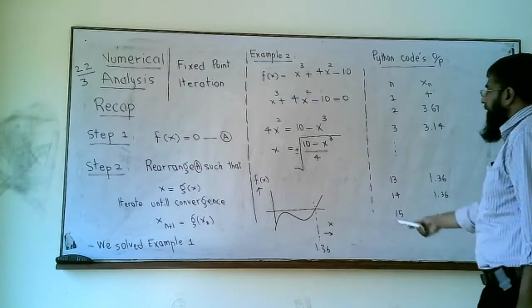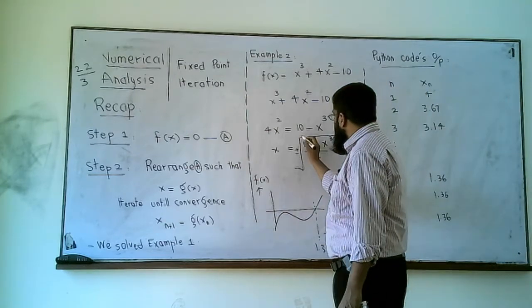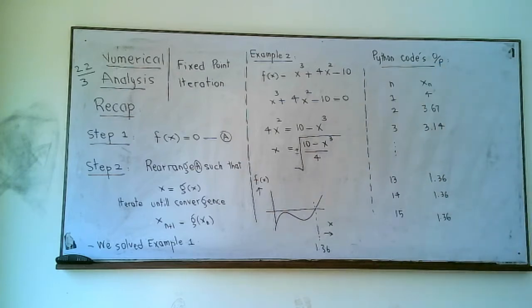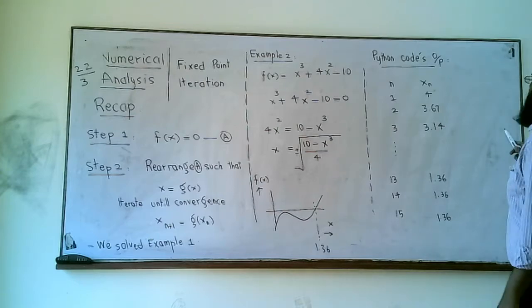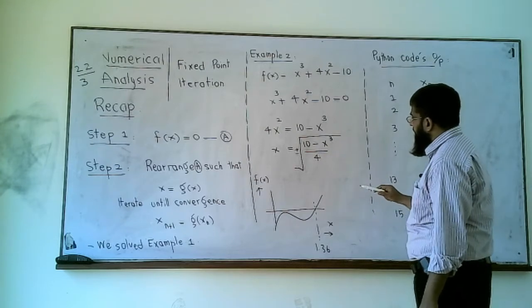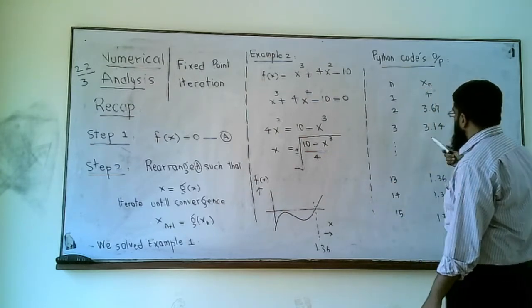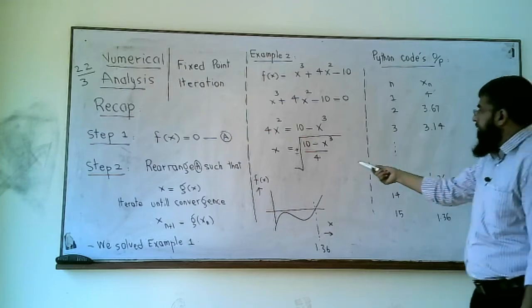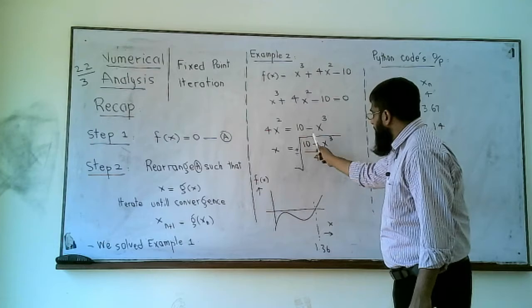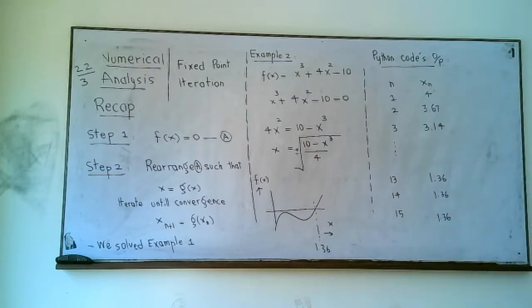We can take this 4 out of the square root, and we can work with this too, right? So we have either plus or minus. I have implemented it in my Python code for the plus sign because it converges for the positive square root. You can optionally try it for the negative square root and you'll see it won't converge.